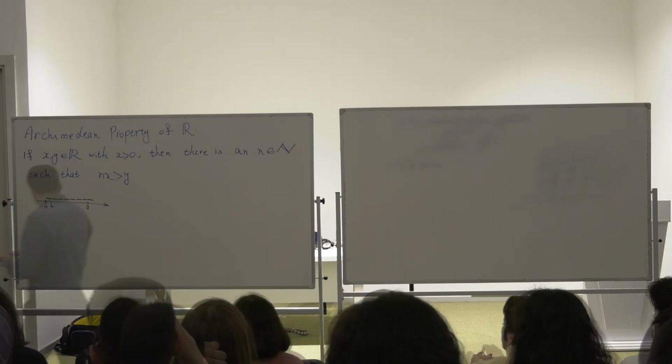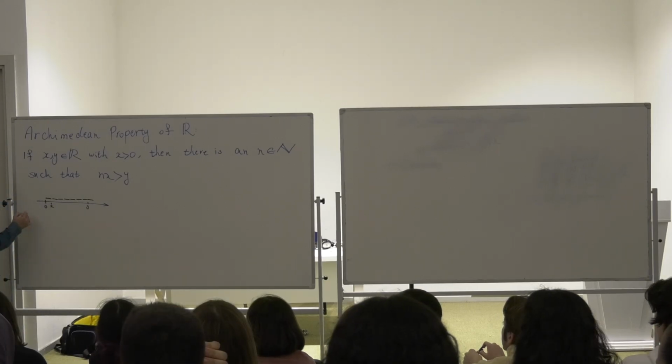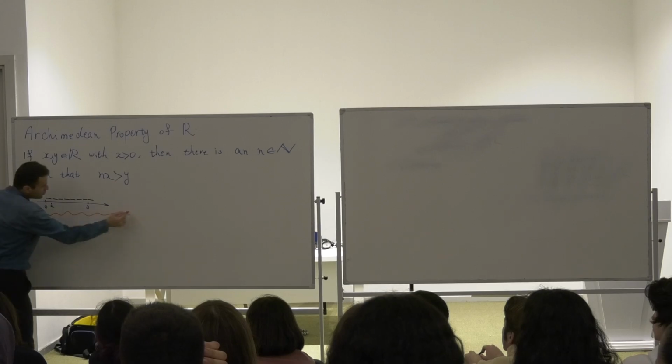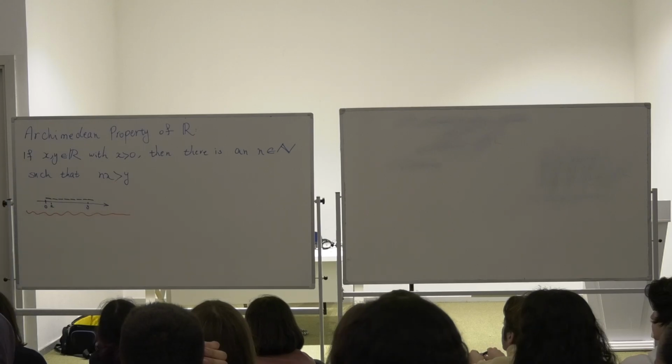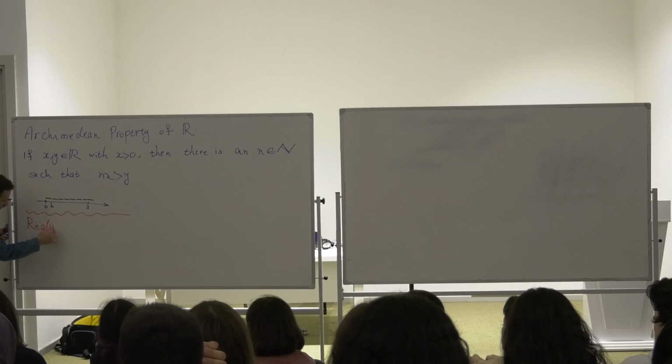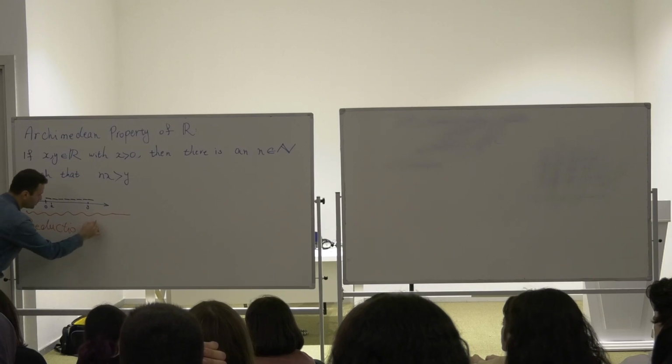Why is it true? What we need to do in this case, I'm also trying to show you the proof methods. That's why we are talking about all of these things at the beginning of this course. There is something called reductio ad absurdum.